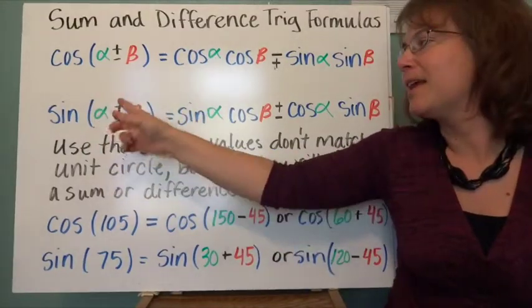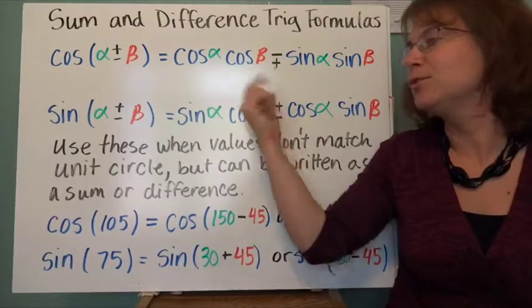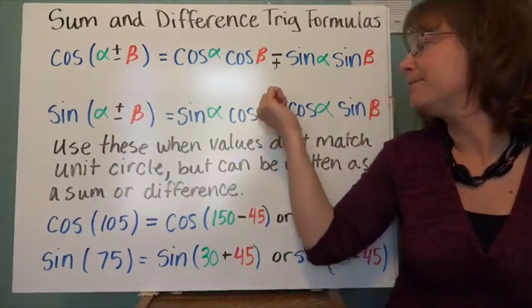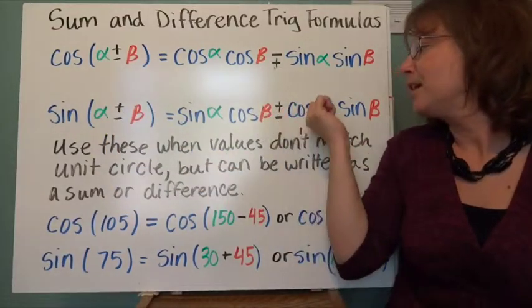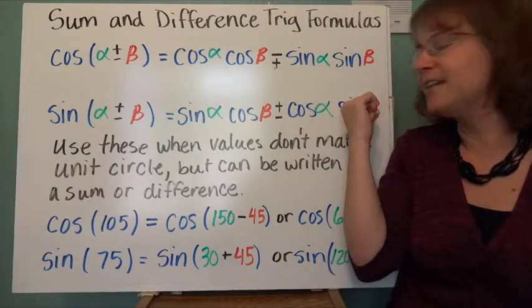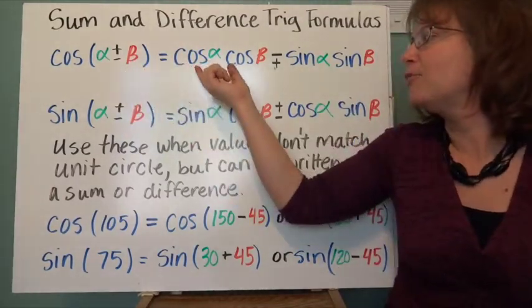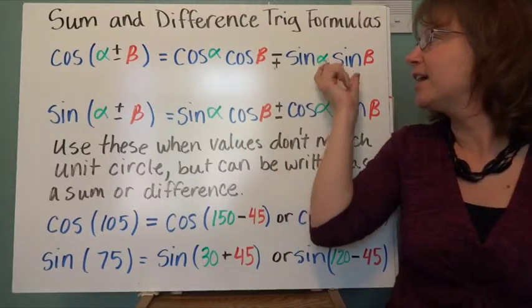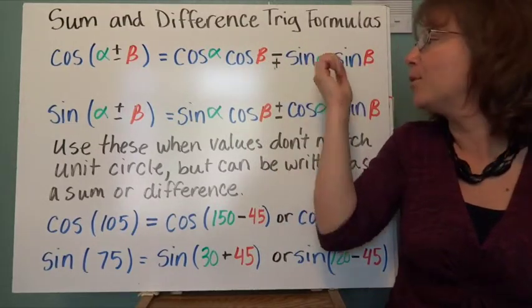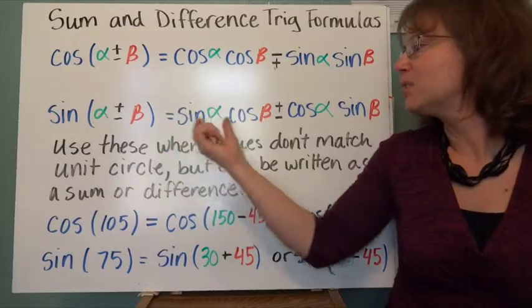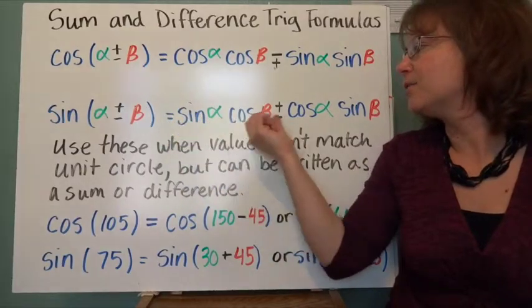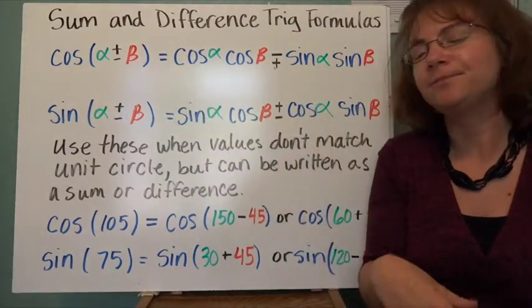There's reasons behind that, but I remember it by knowing I'm doing sine of alpha plus beta. The sign stays the same. Cosine of the first angle, sine of the second angle. So with my cosine, I'm taking the cosine of both, switching the sign, and taking the sine of both angles. My sine switches, so sine and then cosine, cosine and then sine.